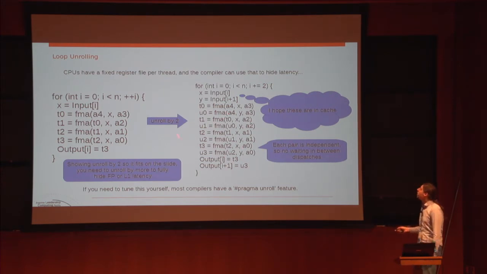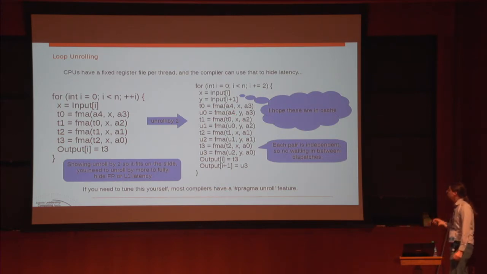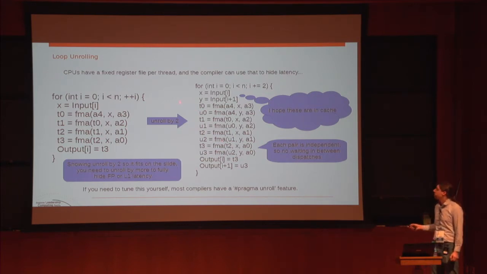So here I've unrolled by a factor of 2, which means I've taken 2 loop iterations of this loop and interleaved them so that they execute at the same time. Since each pair of these things is independent, there's no waiting that has to go on in between these. And if I'm just hiding the latency from these FMAs, then I probably need to unroll by a factor of 6 and not 2, but that wouldn't fit on the slide.